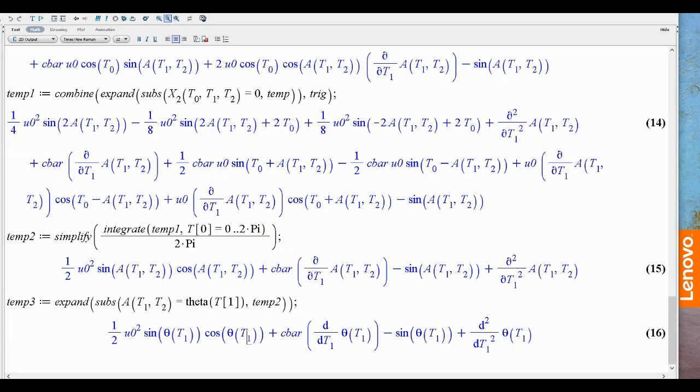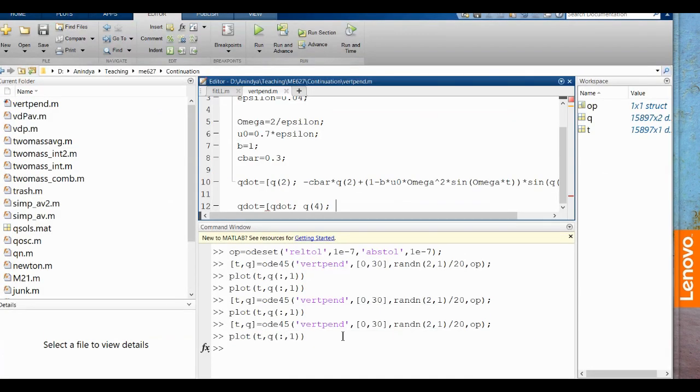So this one is going to be minus C times A dot, right? So there we are, minus C bar times Q4. Okay, very good. This U0 I have to write 0.7 or whatever it is.